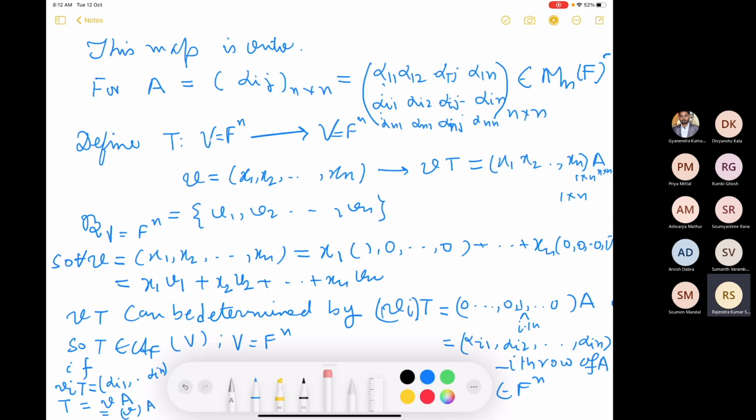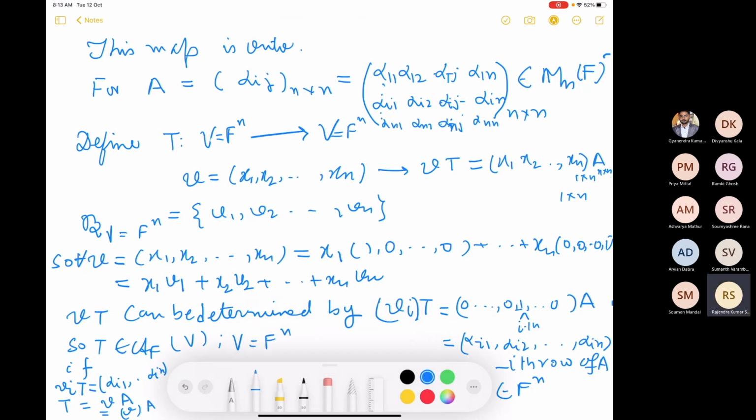This becomes a 1 by n matrix, and so is again a row vector. Now this mapping becomes a linear transformation, which we had already proved. And we also know that a linear transformation is completely determined if we know its effect over its basis vectors.